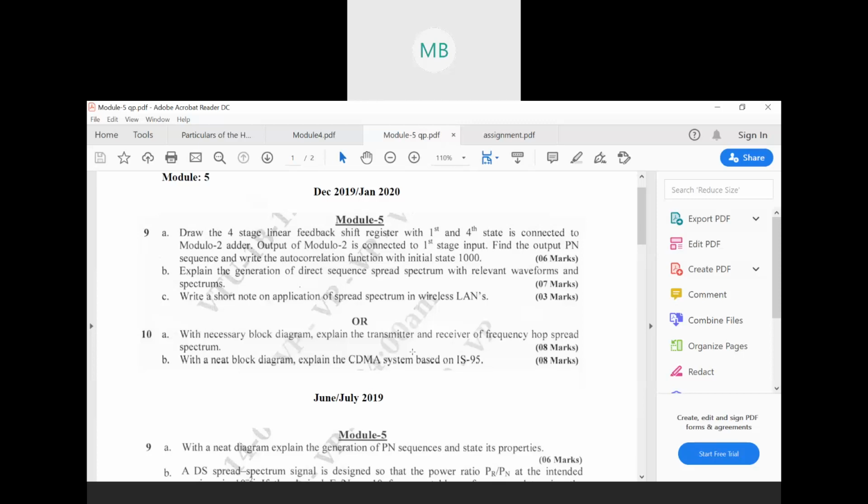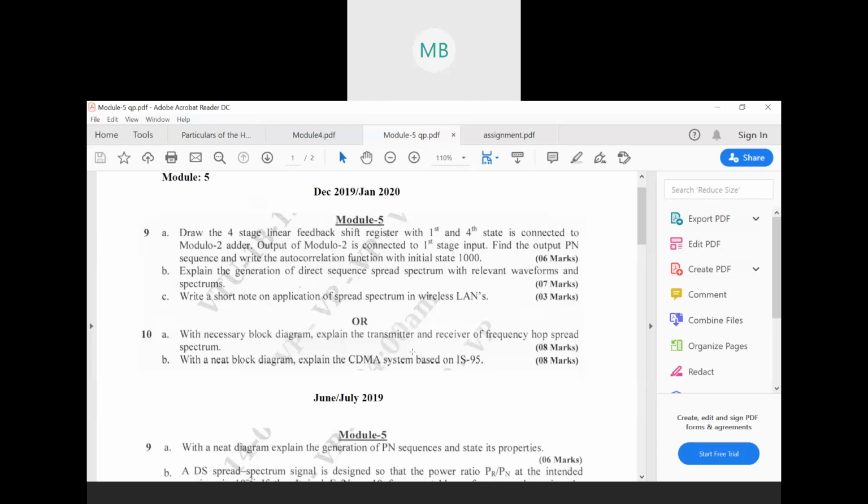Time synchronization is required there. And then last stage is decoder. And then you give an example of a frequency hop pattern. At least 3-4 chips you need to represent. Then explain the operation. So it is for 8 marks. Block diagram, then example of a frequency hop pattern and explanation.